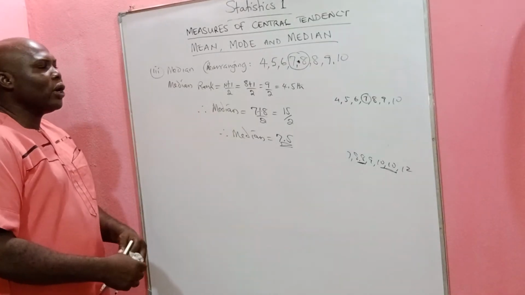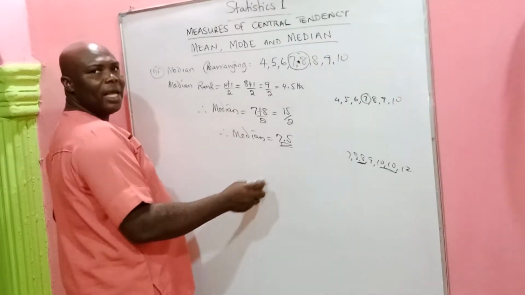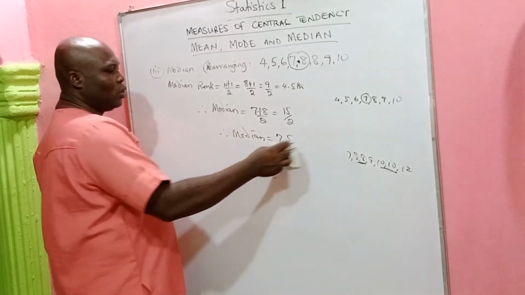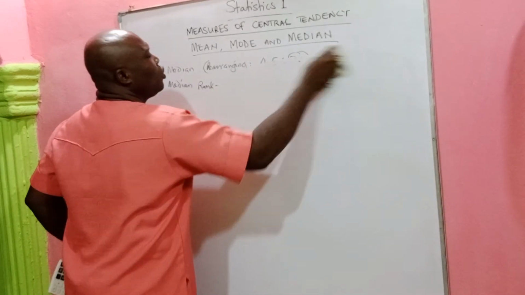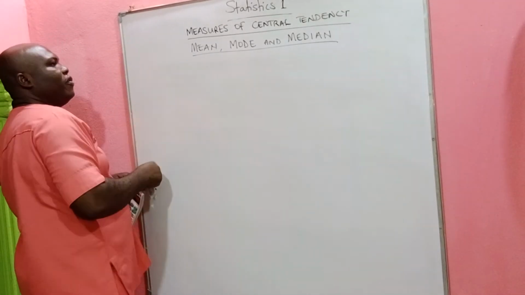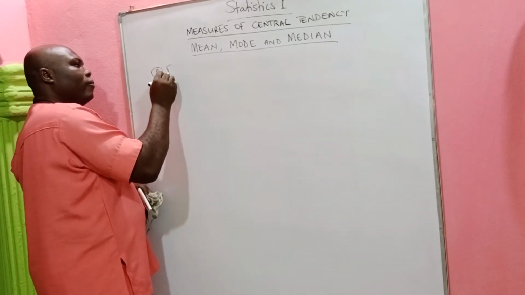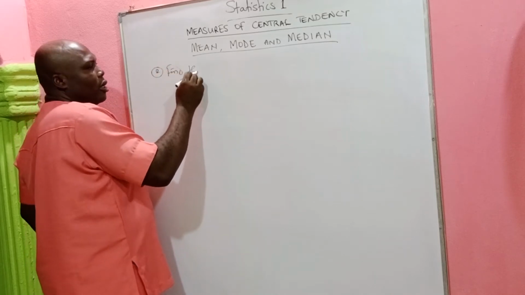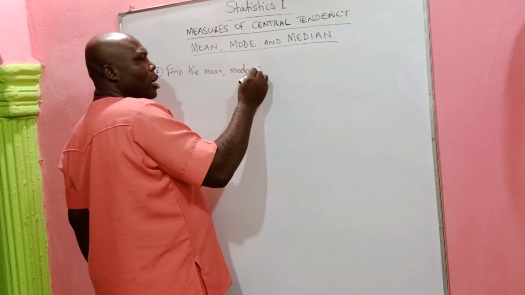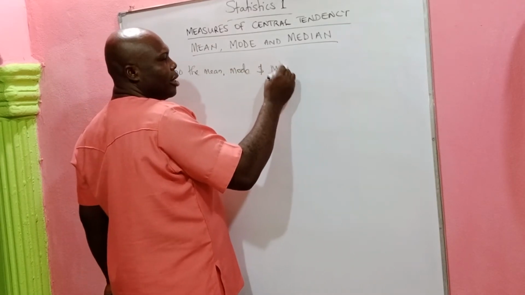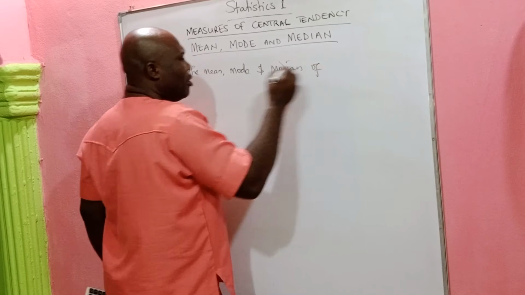Alright, so we'll be going straight to mean, mode, and median for our frequency distribution. Say you've been given this. They say find the mean, mode, and median of it.